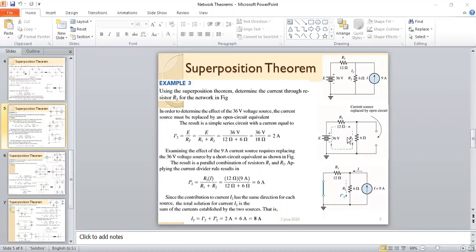And how to find the current? I is equal to V divided by R. V is 36 volt over here and R is the total resistance, because this is in series, the current is the same in both resistances. So we need to put the total resistance. According to Ohm's law, I dash is equal to E divided by RT.